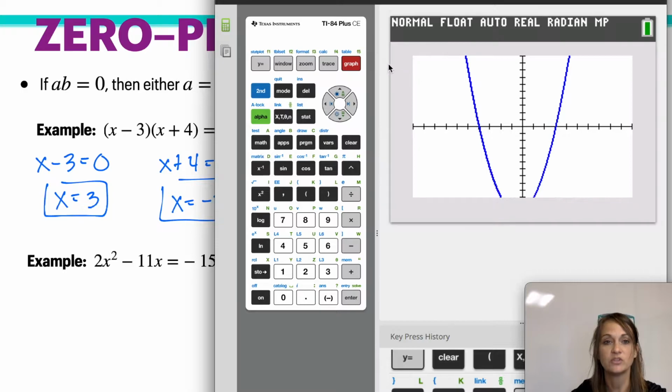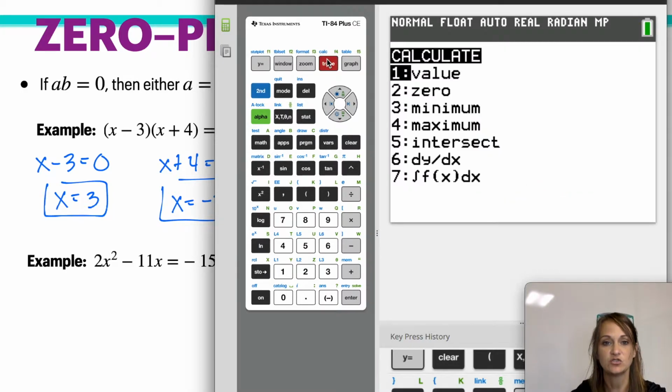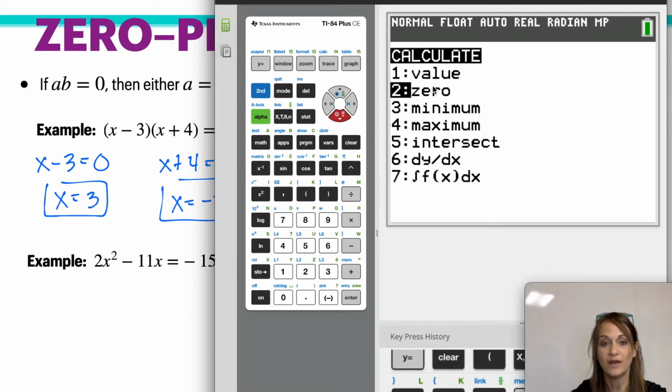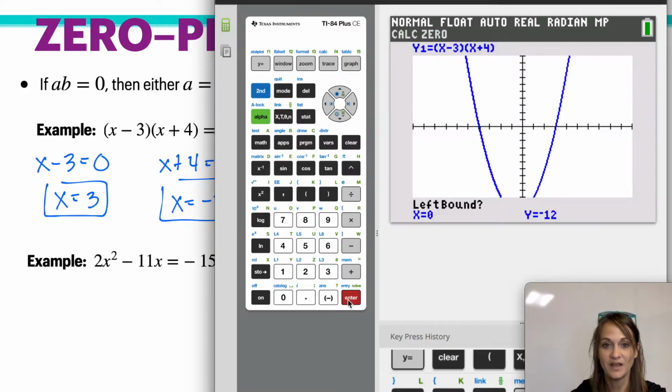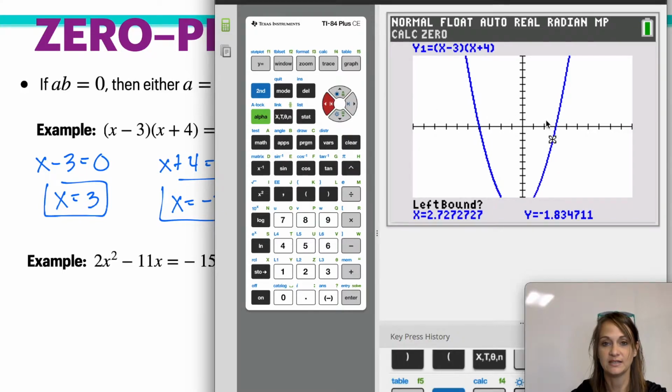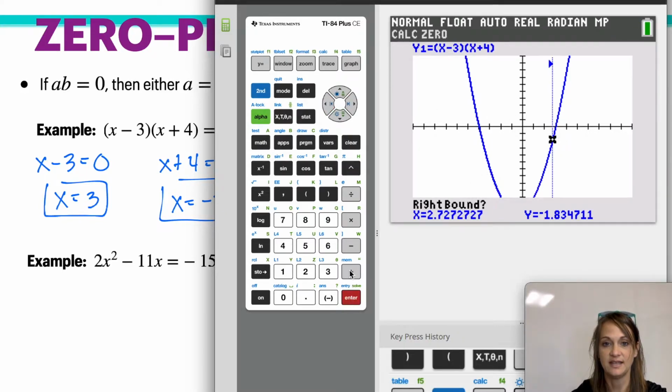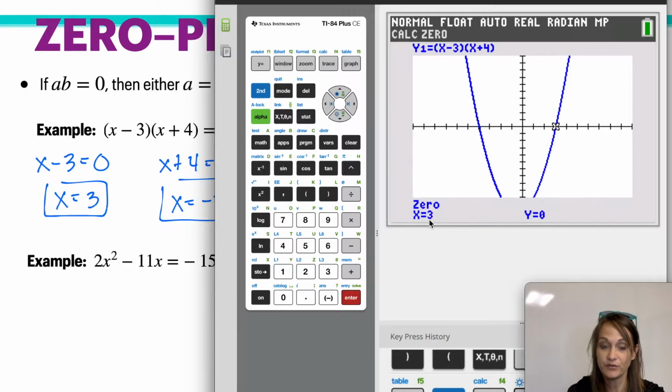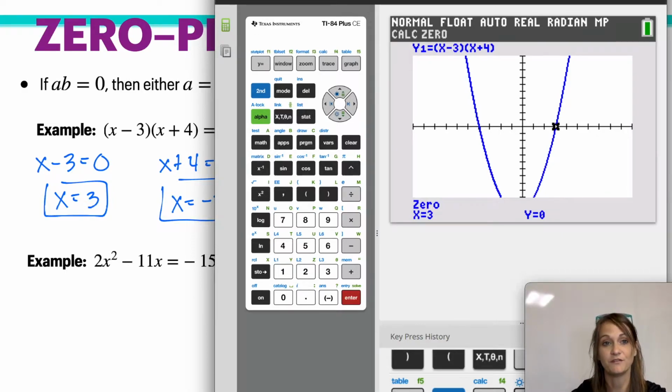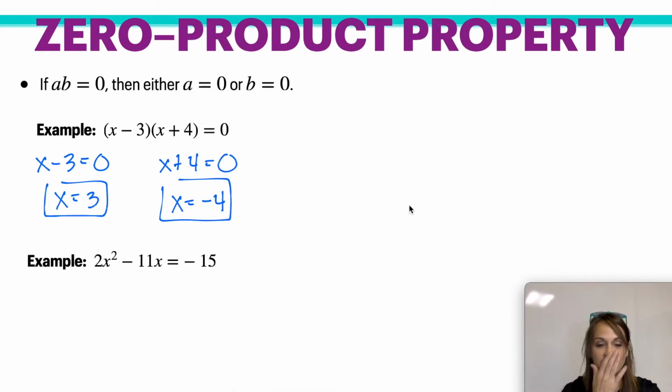If you're not really sure, you could hit second trace and choose zero of the function. For example, in this one, you would go somewhere on the left-hand side, hit enter, somewhere on the right-hand side, hit enter, and you would get your answer of 3. Same thing with -4.